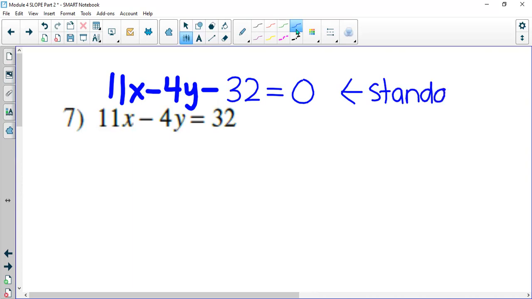Now, the purpose of this question is to move from standard form into point slope form. Point slope form tells us what your y-intercept and what your slope is. However, standard form does not tell us any of that information. That's why we're trying to switch to point slope form.